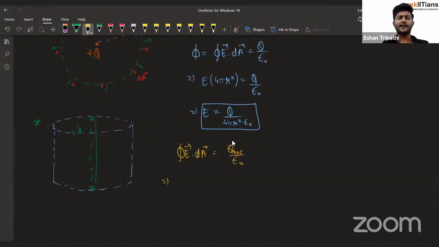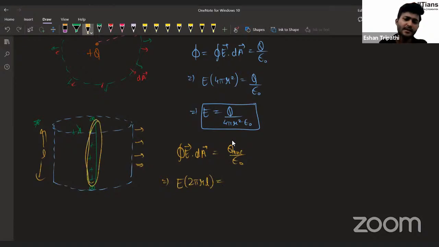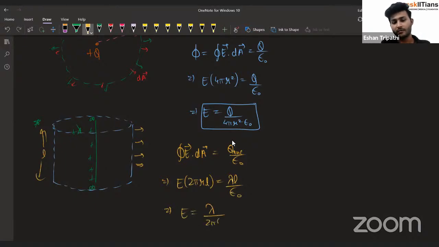The electric field is outward, but the area is the curved surface area of the cylinder. If we consider its height to be L, then E into the curved surface area of the cylinder, 2 pi RL, equals the charge enclosed. The charge per unit length is lambda, length is L, so it came out to be lambda L divided by epsilon naught. So the electric field was lambda upon 2 pi epsilon naught R. And we were supposed to learn this result.